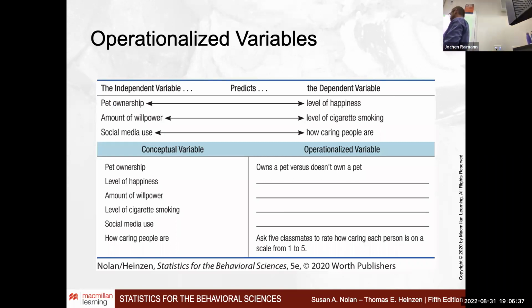So what does this mean? If you are interested to find out if pet owners are happier, you have a group of individuals, that's your sample. You get whatever measure you are using, you define the level of happiness.